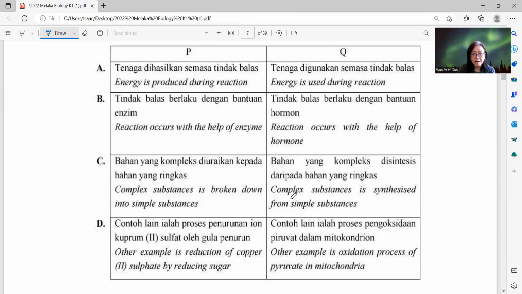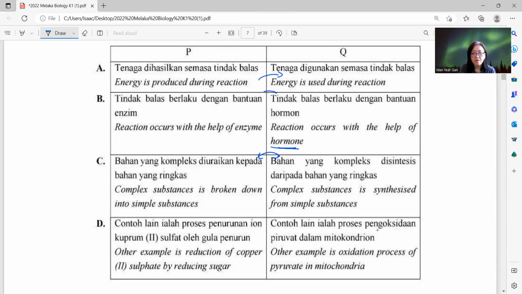Ana is built up of a complex molecule from simple, and kata is breakdown. So this is not correct. This is wrong. This reaction does not occur with the help of hormone. Here, energy is produced.